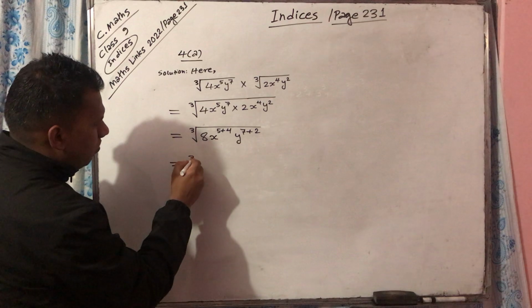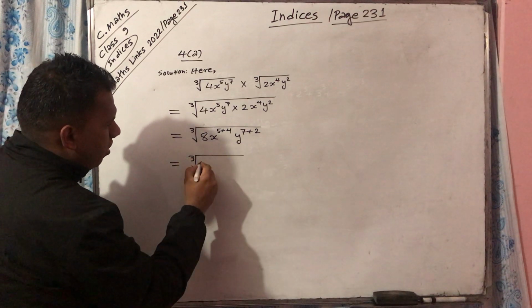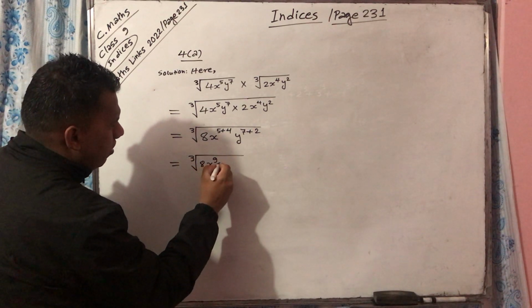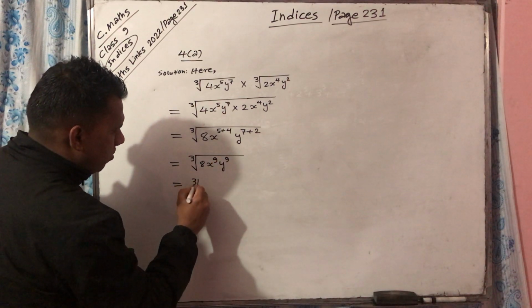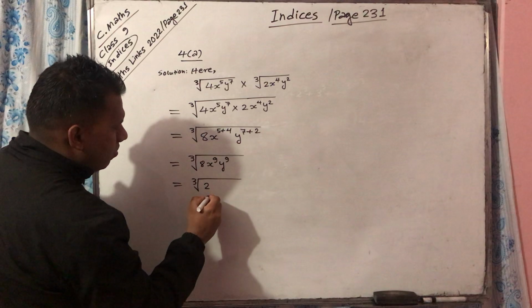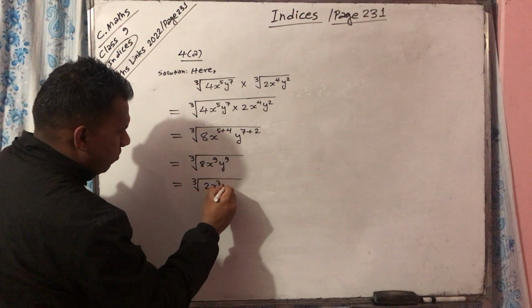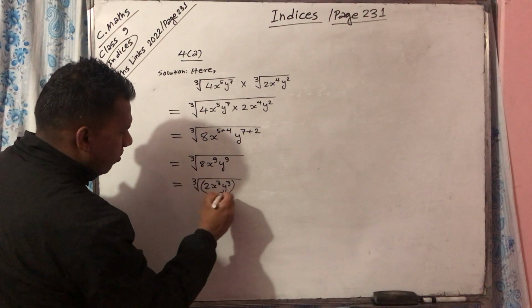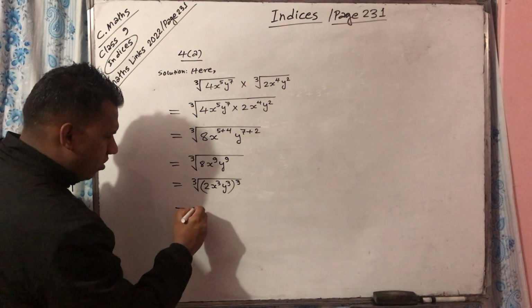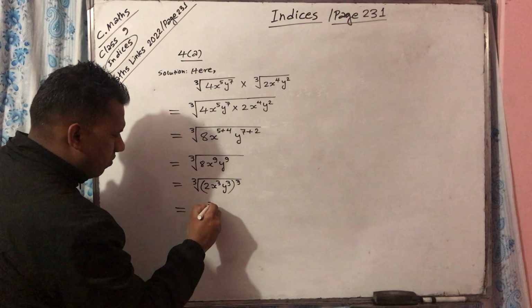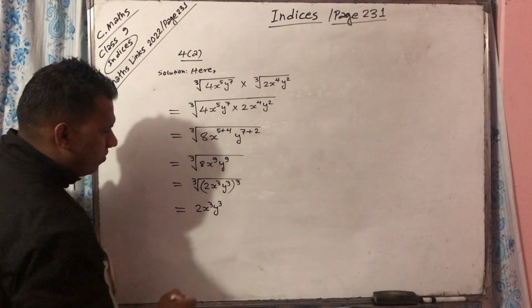This equals to cube root of 8 x to the power 9 y to the power 9, equal to cube root of 2 x cube y cube, its whole power 3. So this equals to 2x cube y cube.